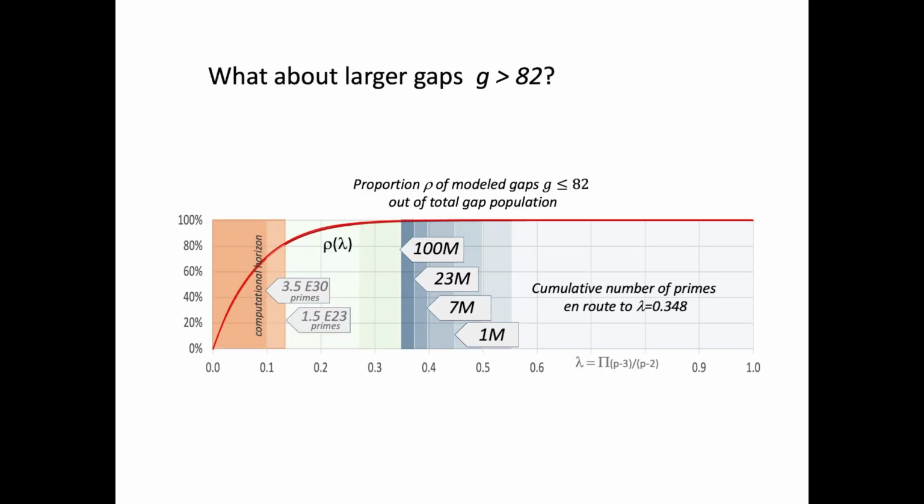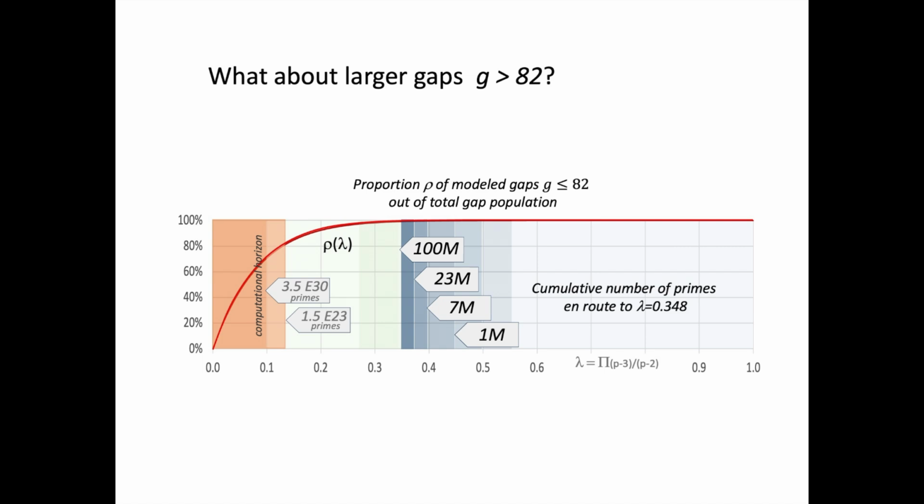So we're able to model the gaps up through 82 and develop complete models for their relative population in the cycles of gaps across stages of Eratosthenes sieve. What about larger gaps? What about gaps that are beyond the reach of our current models?